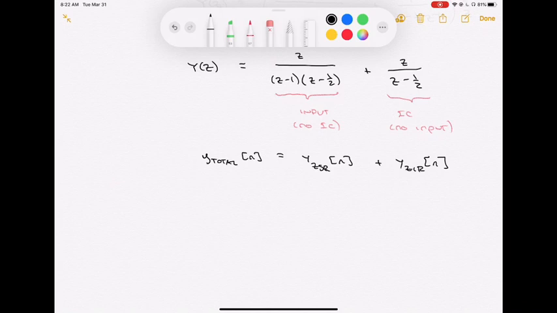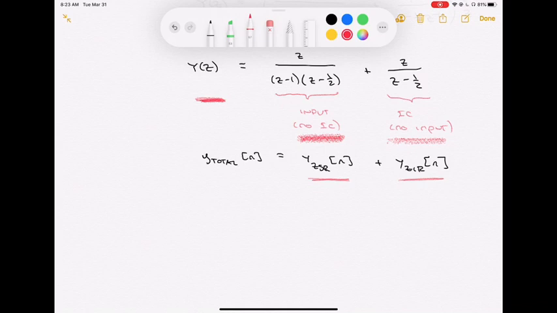And guess what? That's exactly what we have here. We have the transform domain of my output, the total thing. It involved both input and initial condition. And we see that it's broken up into a piece that has only got something to do with the input, no initial condition. So that is going to be my zero state response. And then I also see that I've got a component that has only to do with the initial conditions, nothing to do with the input. So that's my zero input response.